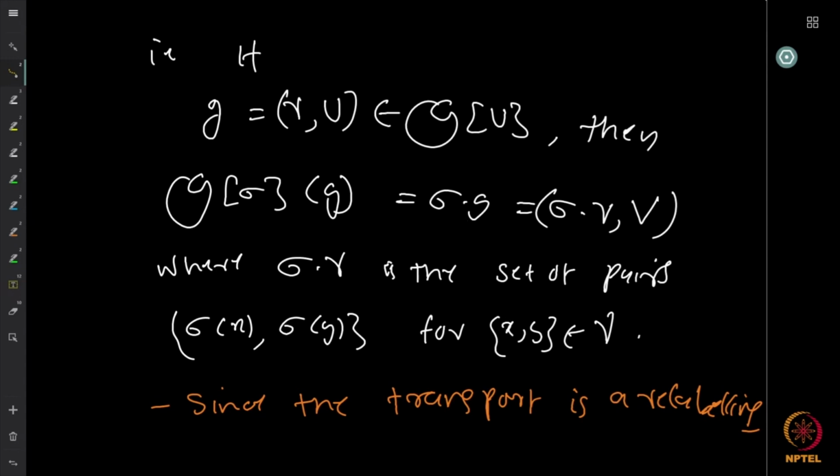And what is this? This is basically sigma dot gamma comma V, because V is the set that U is mapped to. So therefore the vertices are going to be V rather than U.